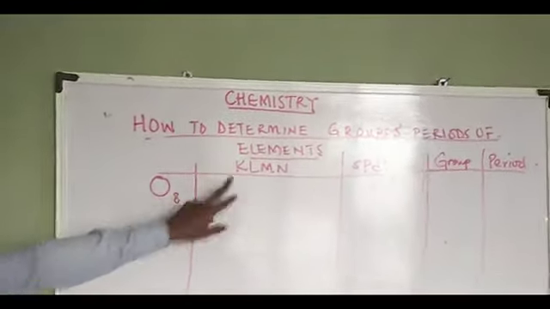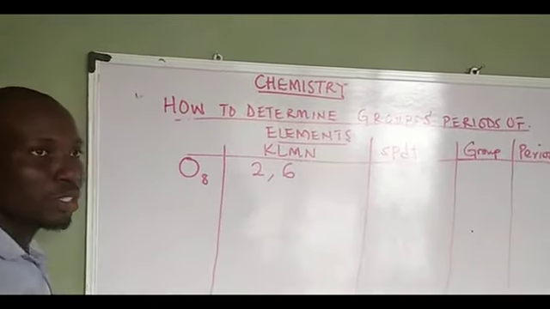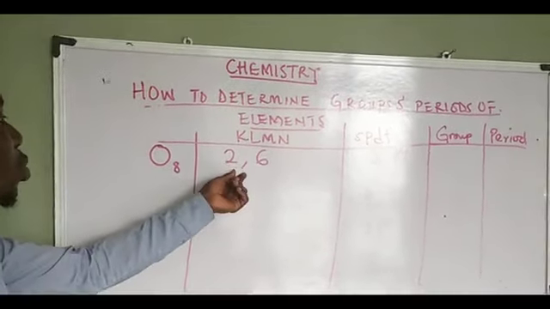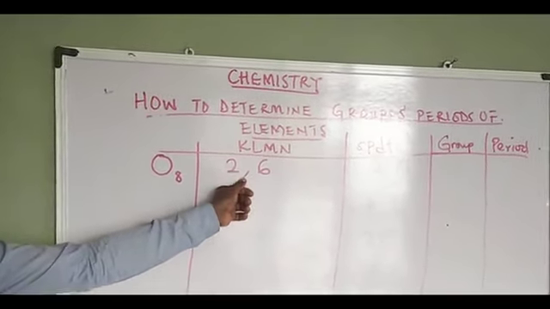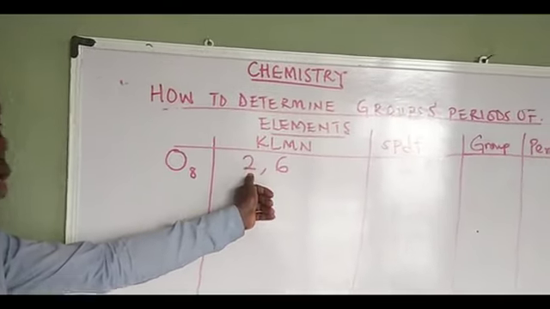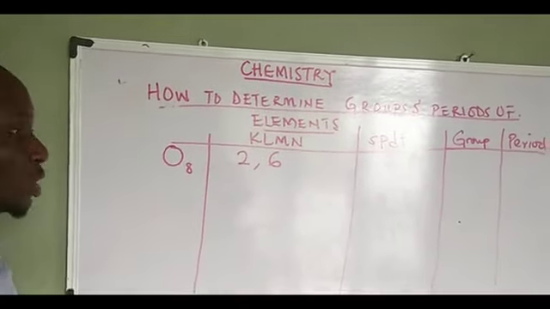For the KLMN, that will give us 2, 6, because the rule we normally use for KLMN is the octet rule. And the octet rule dictates that 2 electrons will be in the first shell, then 8 electrons will be in the second shell.